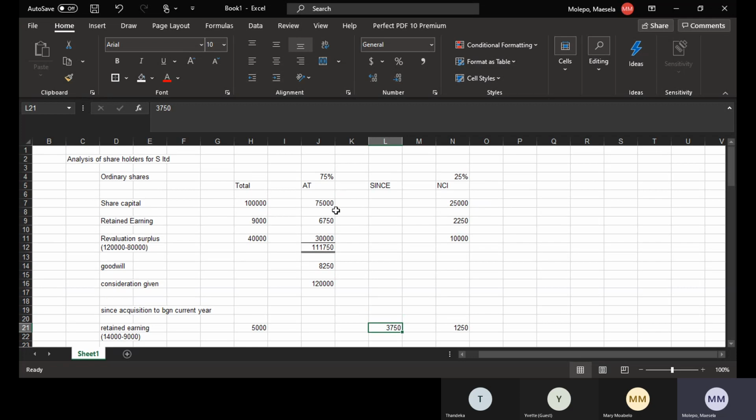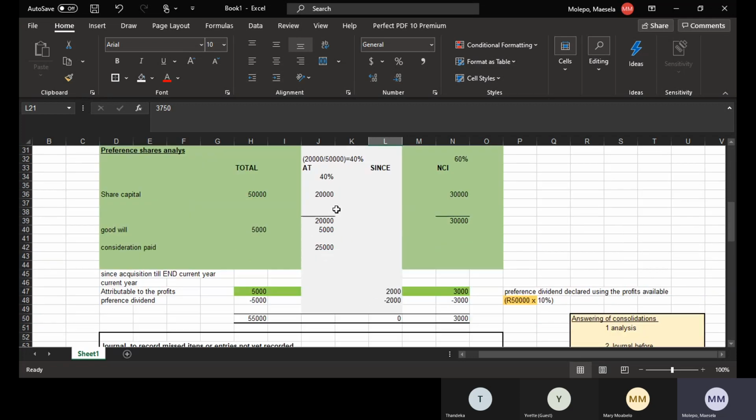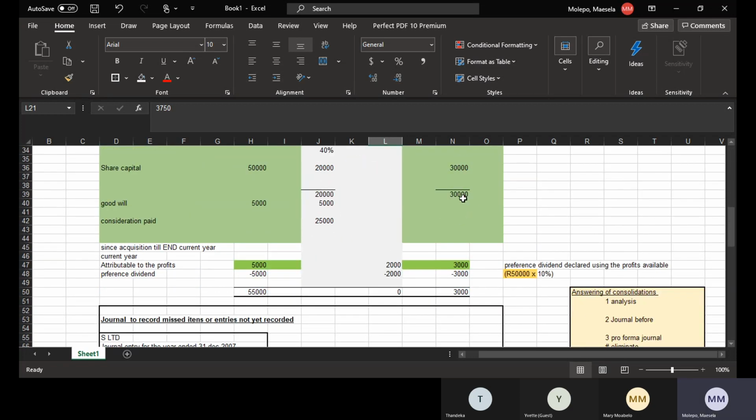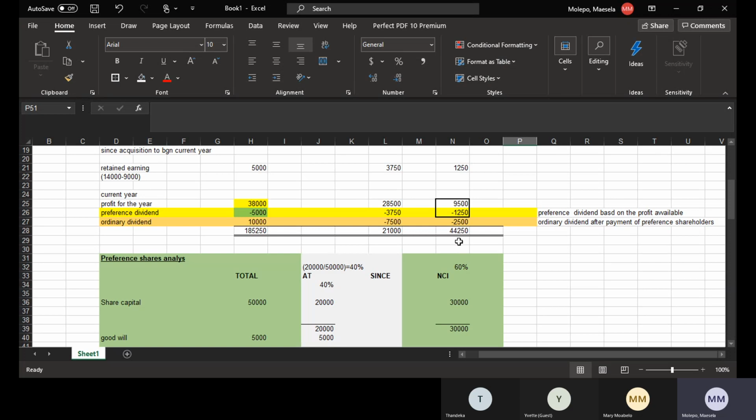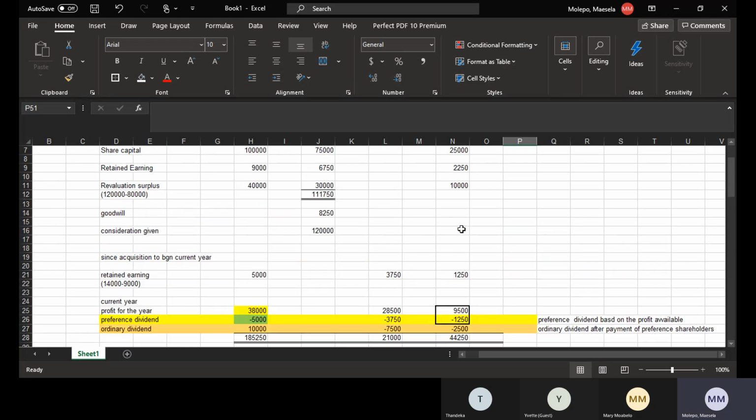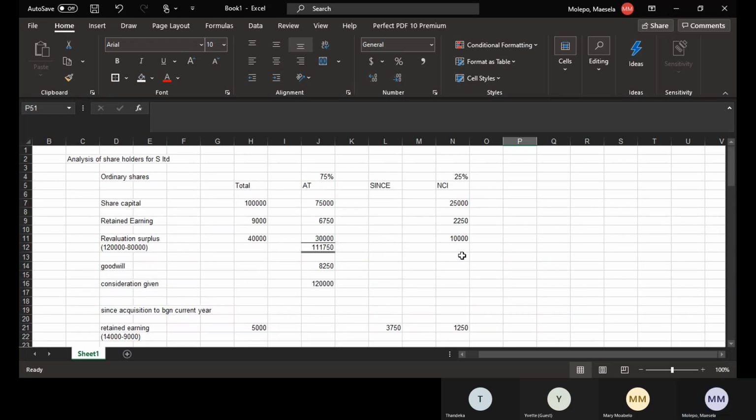So it will be this part, this 30,000 on this side, plus this side, this portion, and the 1,250.